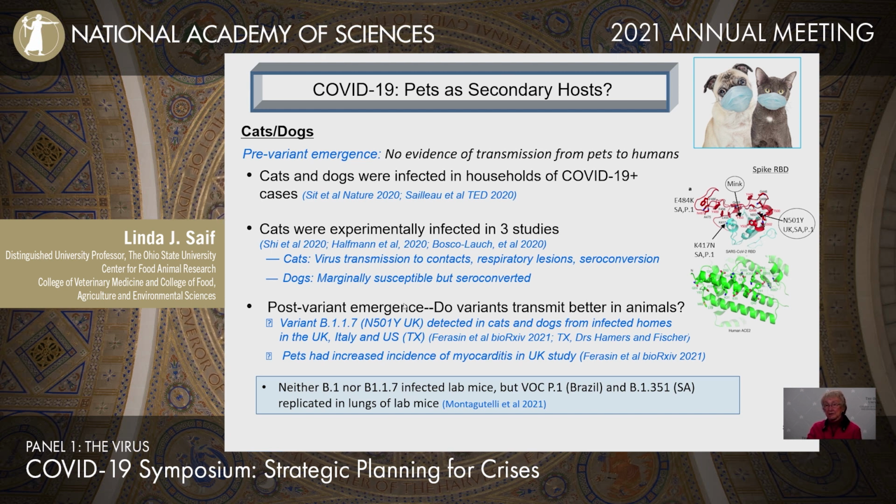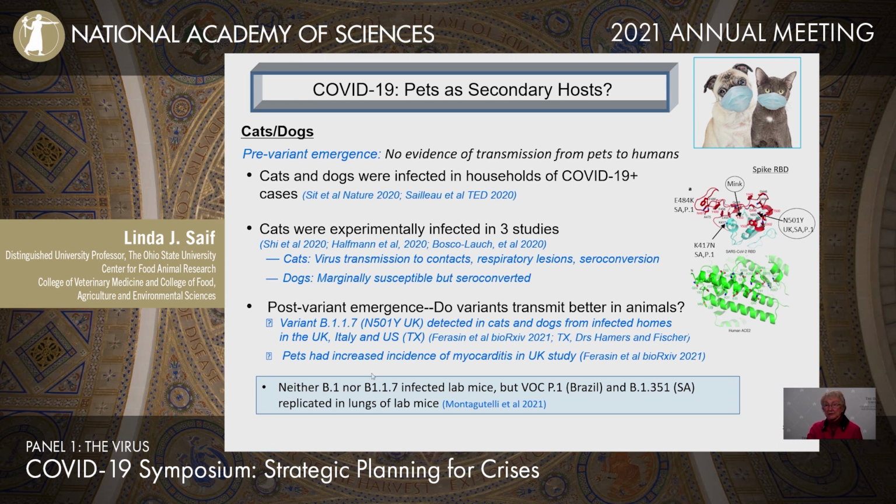So then studies have just been published or are in the literature now for post-variant emergence to ask the question, do variants transmit better in animals? So the one variant, the B117, that is this N501 mutation here in the receptor binding domain, that's prevalent in the UK, was detected in cats and dogs from infected homes in the UK, Italy, and recently the US.